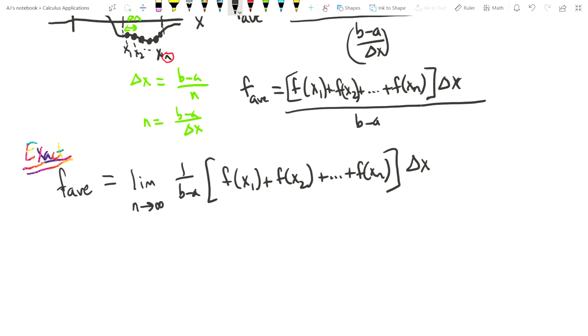Well, you probably remember from integral calculus that this can be changed into an integral.